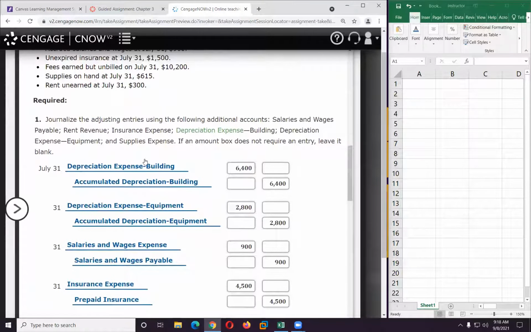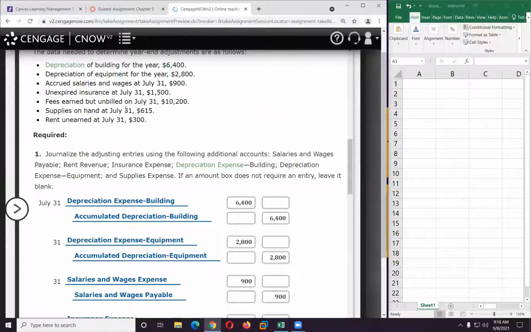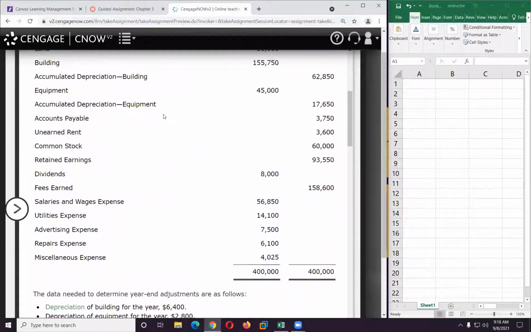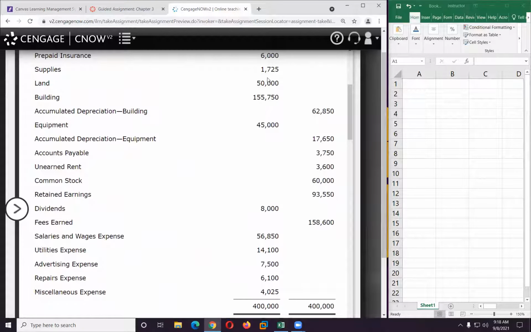The next adjusting entry, supplies on hand at July 31st are $615. So if I know how much I have at the end of the month, like an actual count of them, that's what they mean by supplies on hand. And I scroll up and I see that my supplies account is 1725.